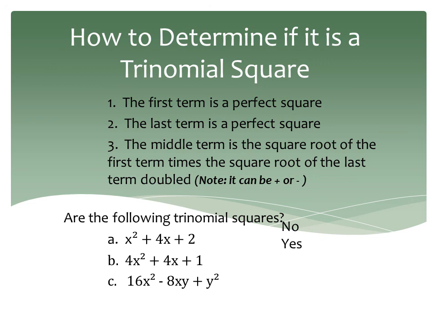Okay, let's go through it together. So 16x squared, the square root of that, well, the square root of 16 would be 4. The square root of x squared would be x. So 4x is our first term, and that is a perfect square. Our last term is y squared.